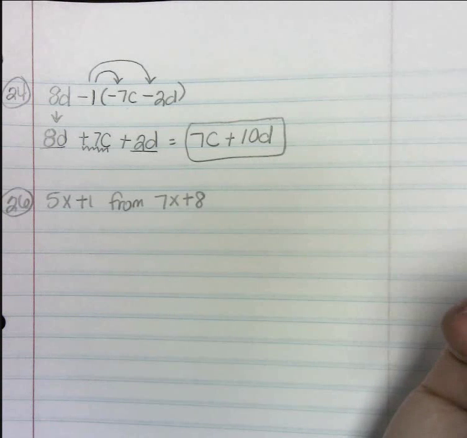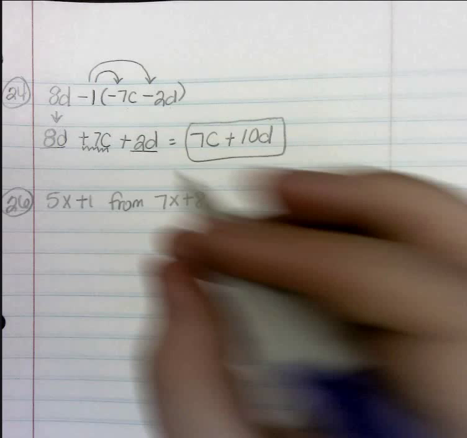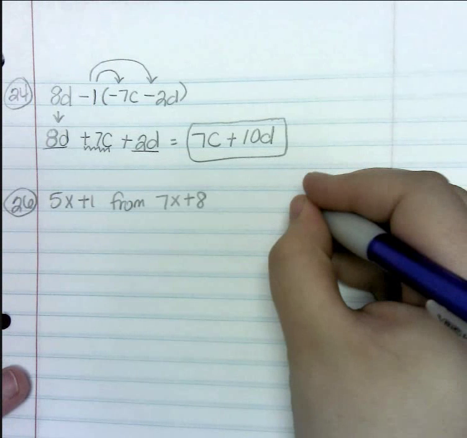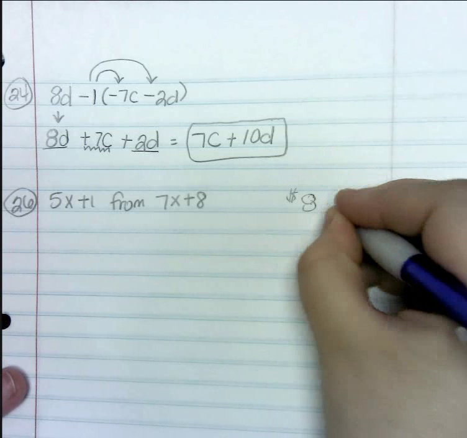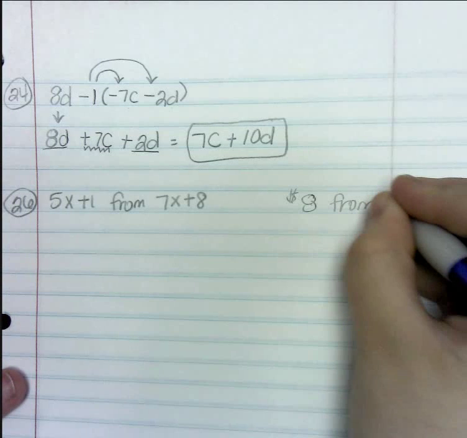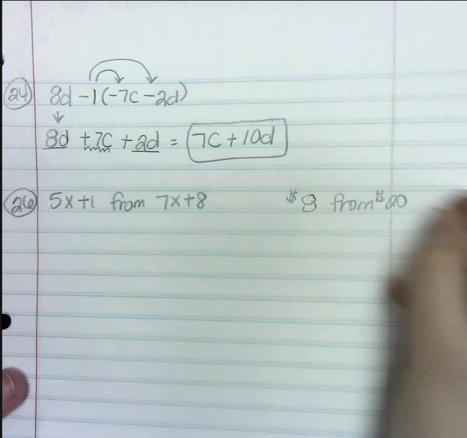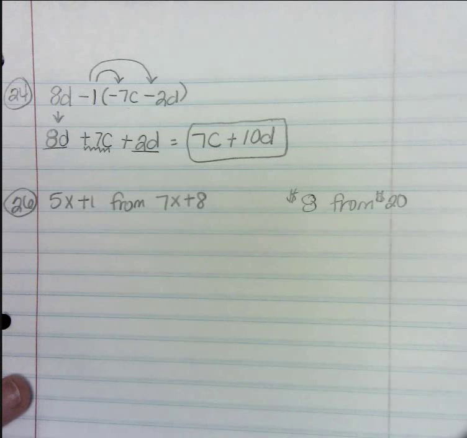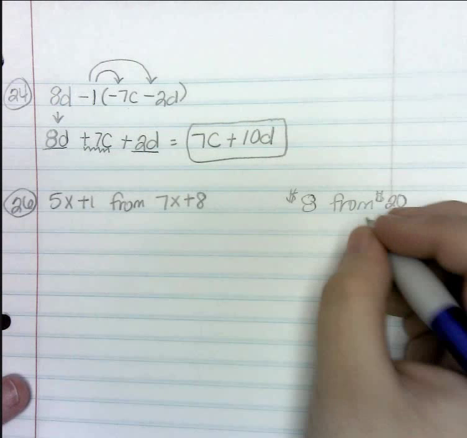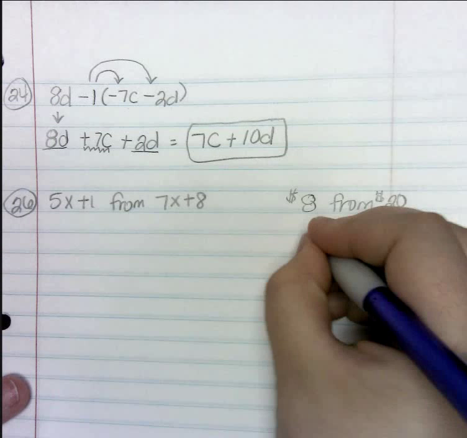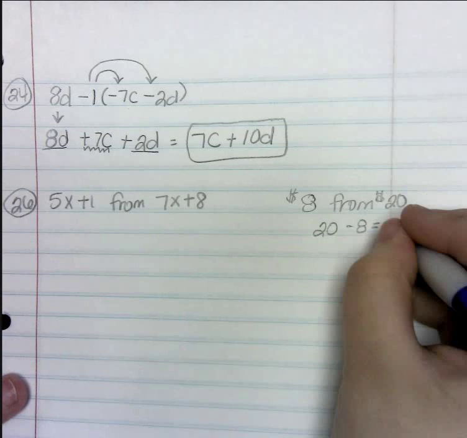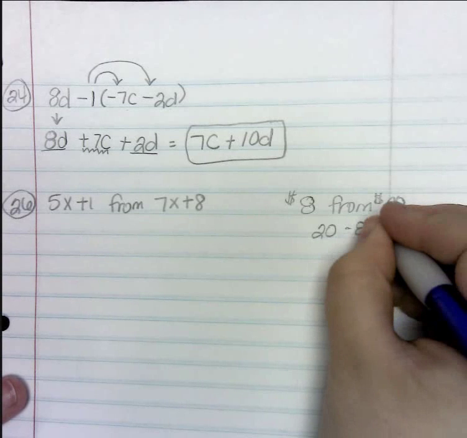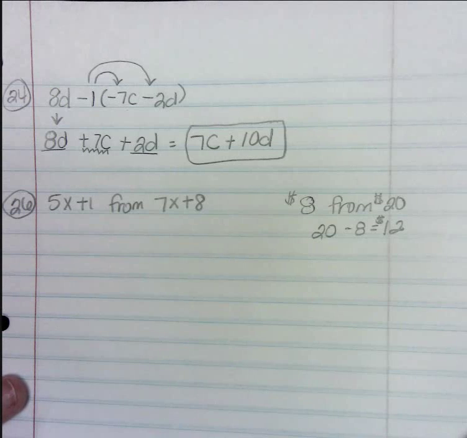So if I were to say I wanted to take $8 from $20, you would say, well, your answer is 12, because 20 minus 8 is 12. That's how we would get $12.